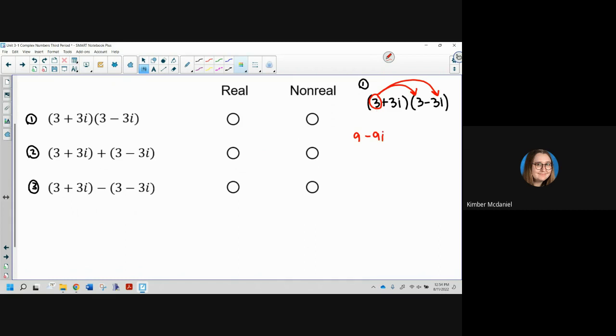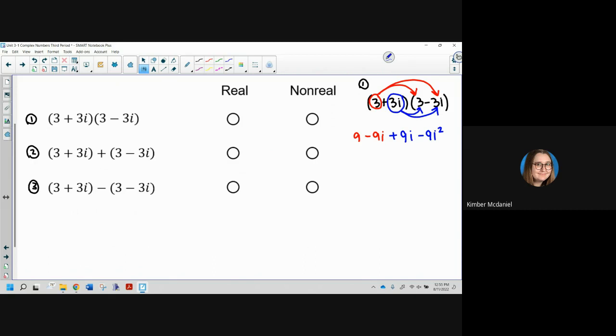Now, we're going to do the same thing with the 3i. So we're going to take 3i and multiply it by each term in the second parentheses. 3i times 3 is 9i. 3i times negative 3i is negative 9i squared. Now, make sure that you understand where the negative 9i squared came from. 3 times negative 3 is negative 9. I times I is I squared.